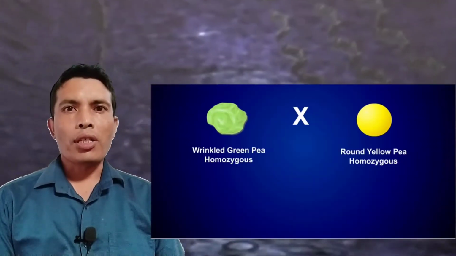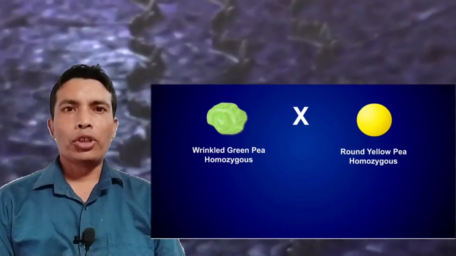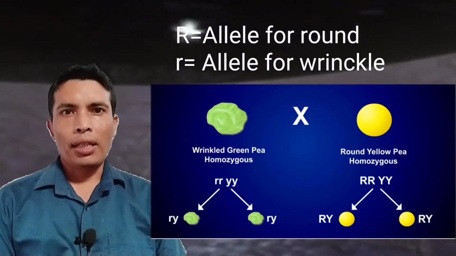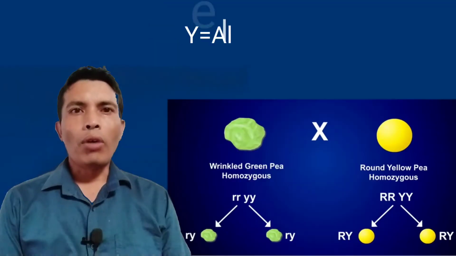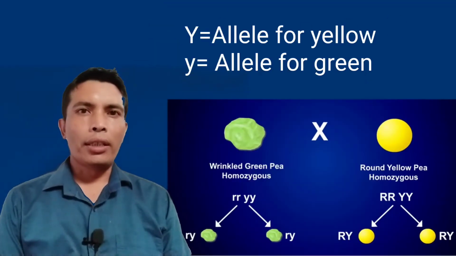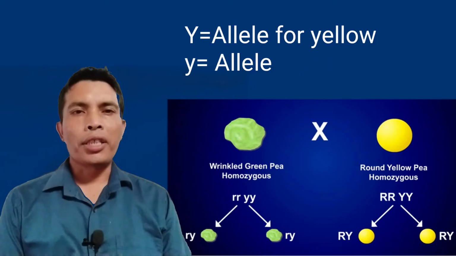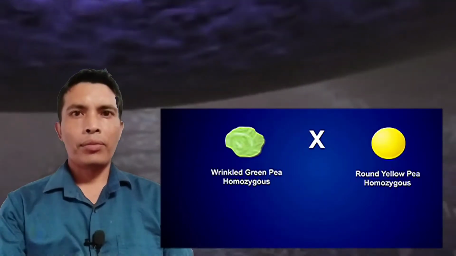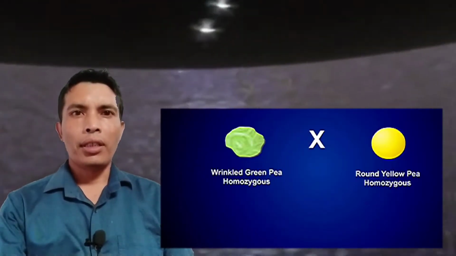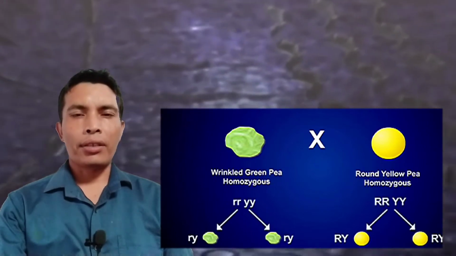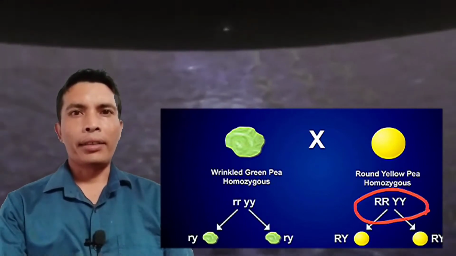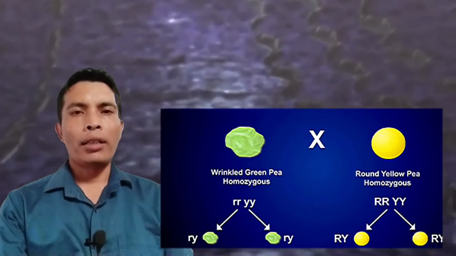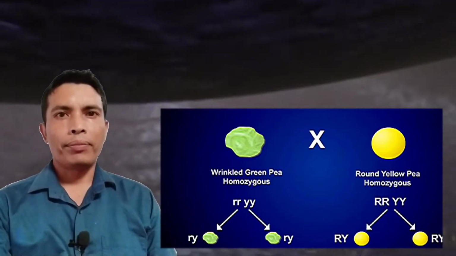Let us use the genotypic symbols capital R for the dominant round seed shape and small r for wrinkled seed shape, capital Y for dominant yellow seed color and small y for recessive green seed color. The genotype of the parents can then be written as capital R, capital R, capital Y, capital Y, and small r, small r, small y, small y.